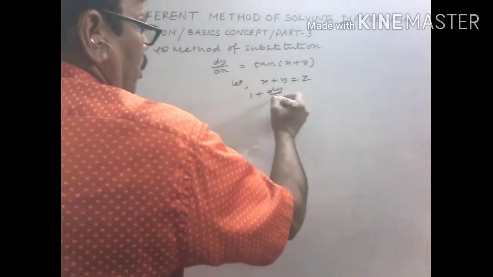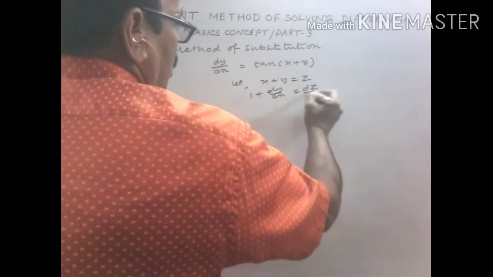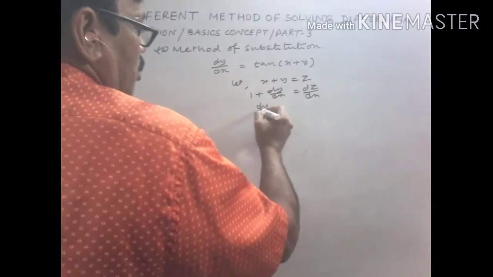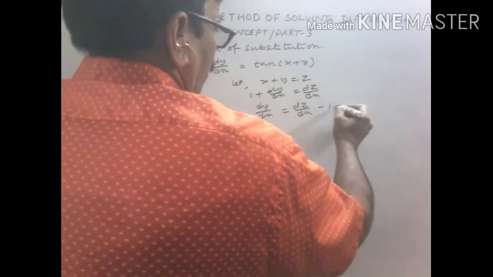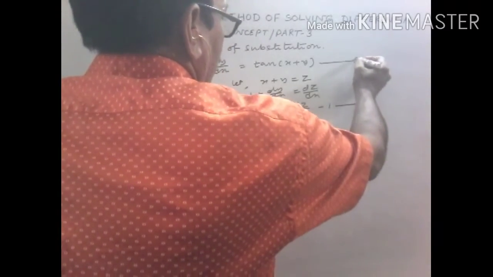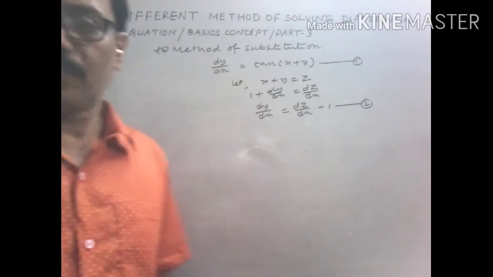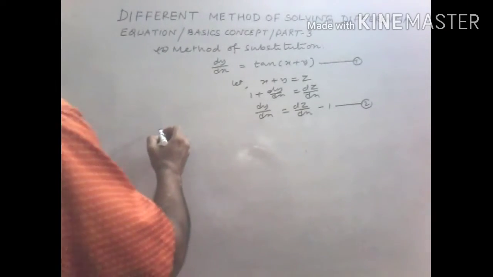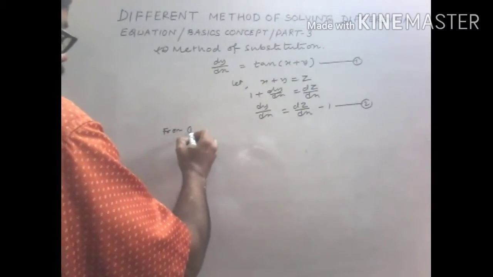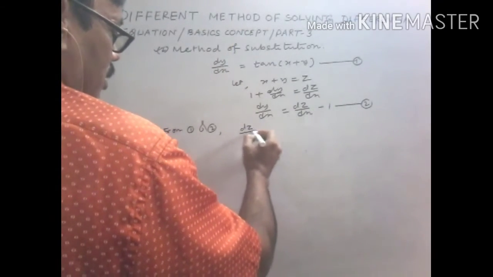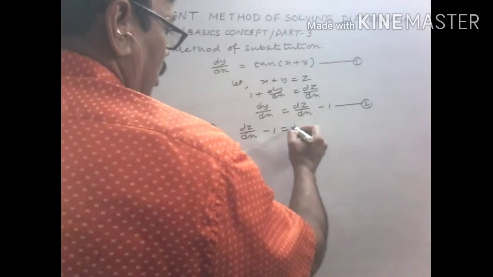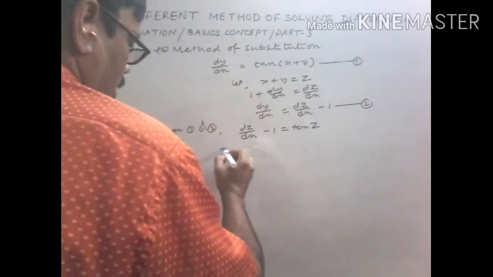So 1 plus dy/dx equals dz/dx. So what is dy/dx? dz/dx minus 1. Call it 1 and this 2. So from 1 and 2, dy/dx, dz/dx minus 1 equals tan z.